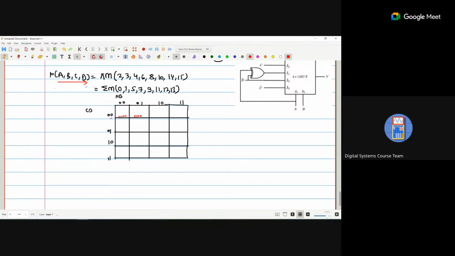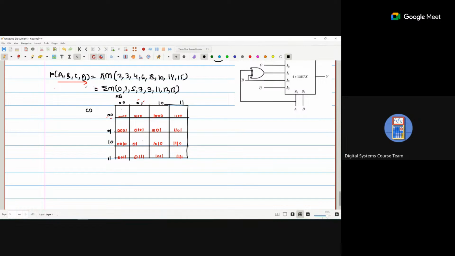So first of all I write the value of D, then C, then B, then A. So the blocks are 0000, 0001, 0010, 0011, and so on through 1111.